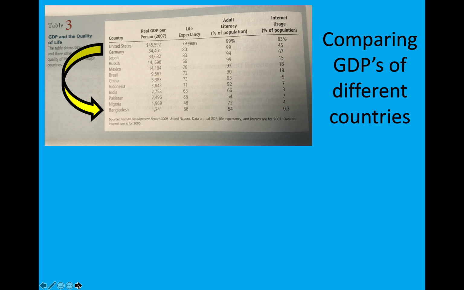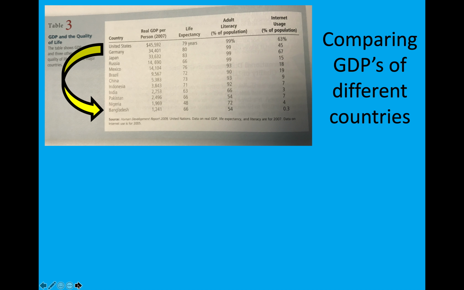And if you look at this chart, you notice the United States in 2007 had roughly between $45,000 and $46,000 per person coming in. That does not mean every person made that amount of money. What it means is if you take the total gross domestic product for the country and you divide it by the 300 and some million people we had in 2007, if each person were to get an equal share, that's how much they would have gotten.